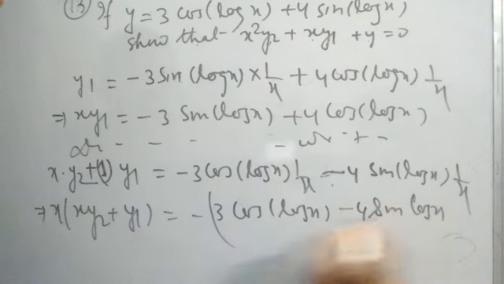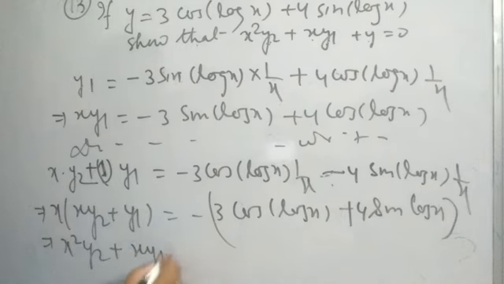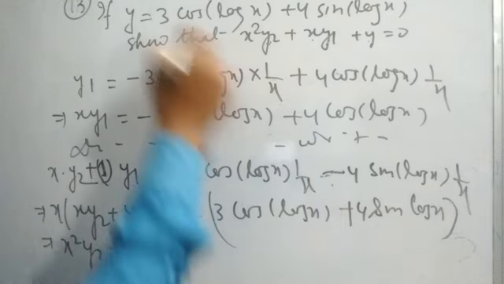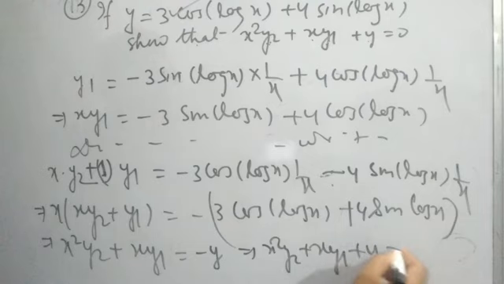We take minus common, so x square y2 plus x y1 is equal to minus y, since this part is nothing but y. So x square y2 plus x y1 plus y is equal to 0.